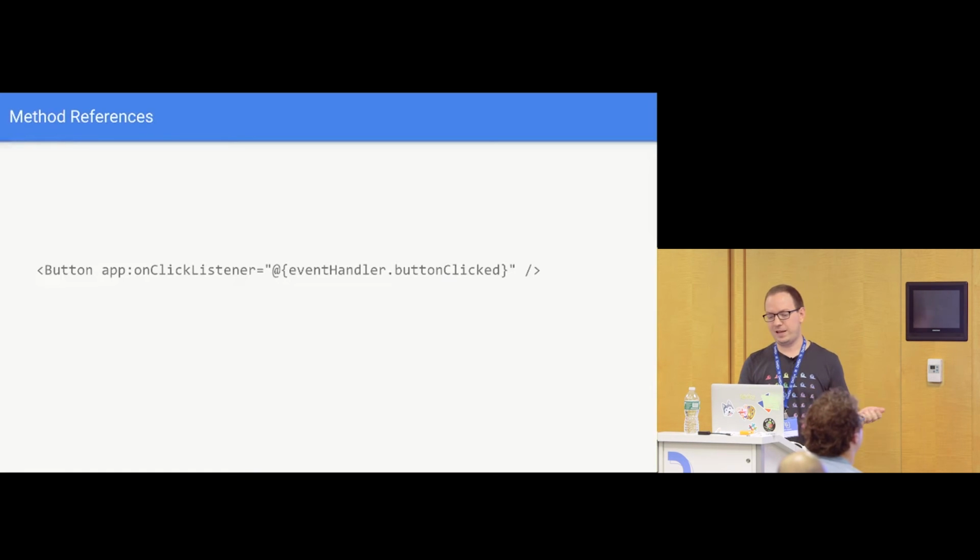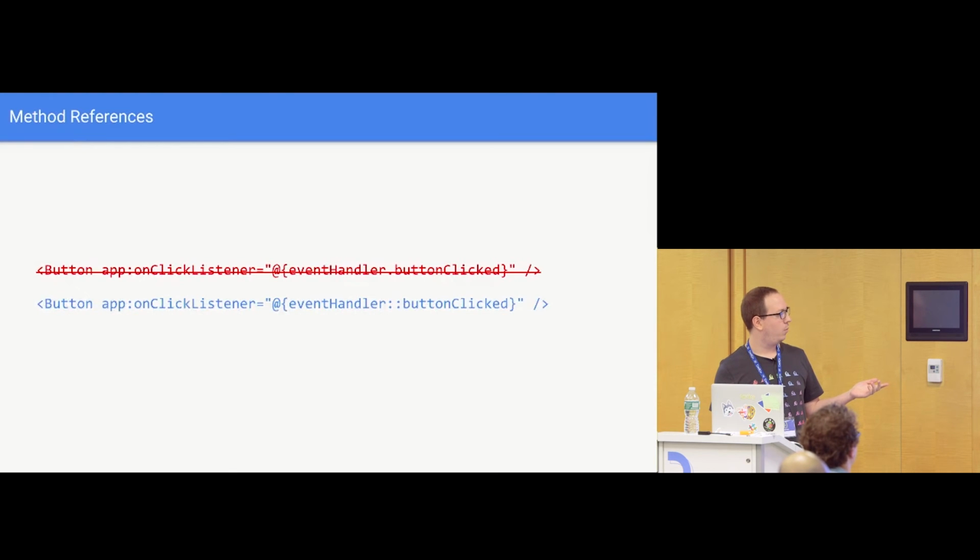So this is a previous example of how we had a click listener for a button click event. Well, let's make this a little bit more concise and change it into a method reference. So the issue with the version that I have crossed out here is that the event handler .button clicked makes it look like it's accessing a property or a method on my event handler.